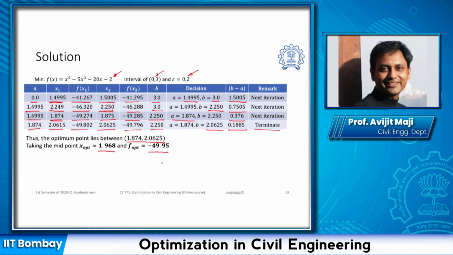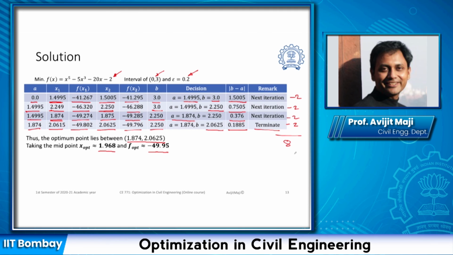Now if you look into the number of function evaluations in this case, we'll find that we have evaluated 2 here, another 2 here, another 2 here, another 2 here. Total it is 8, and in these 8 function evaluations we were eliminating the search interval about 50% in each iteration.